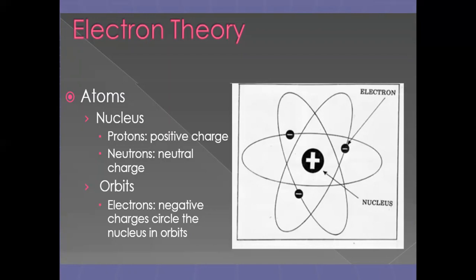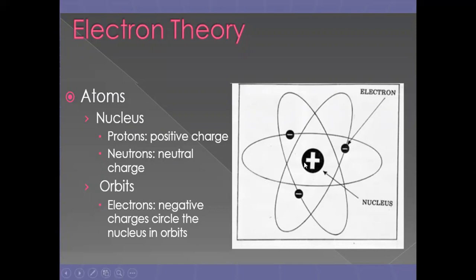It depends on the electron theory, and it comes from very tiny parts of materials known as atoms. All the materials in this universe are made of atoms. So what is there inside an atom?